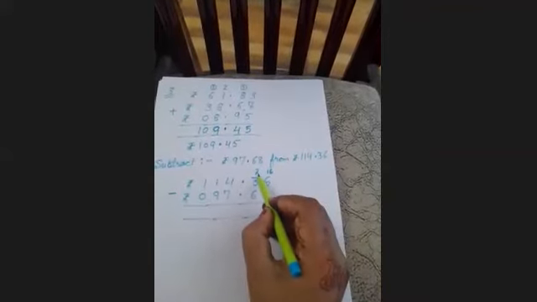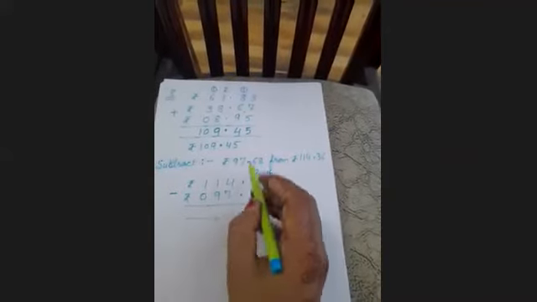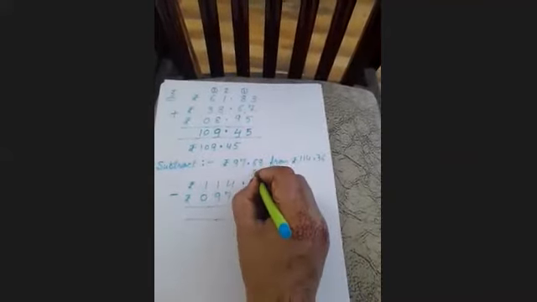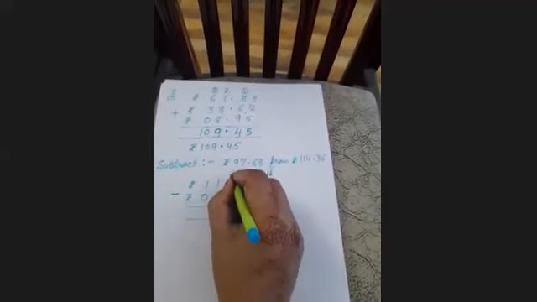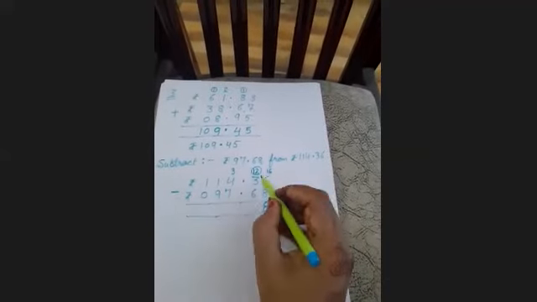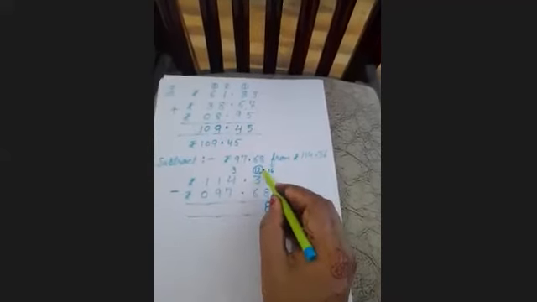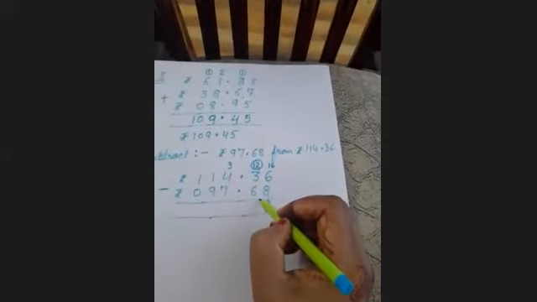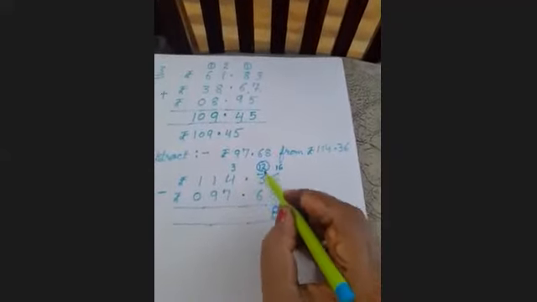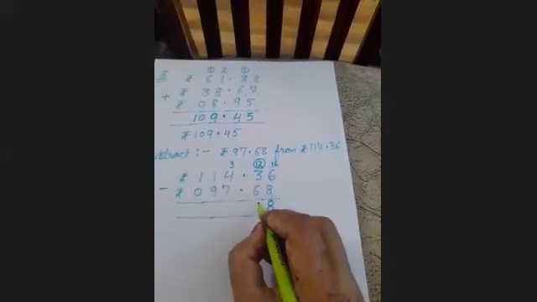Then we have 2. Now again borrow 10 points. Here we have 12. 3. Now students, 12 minus 6 is 6.